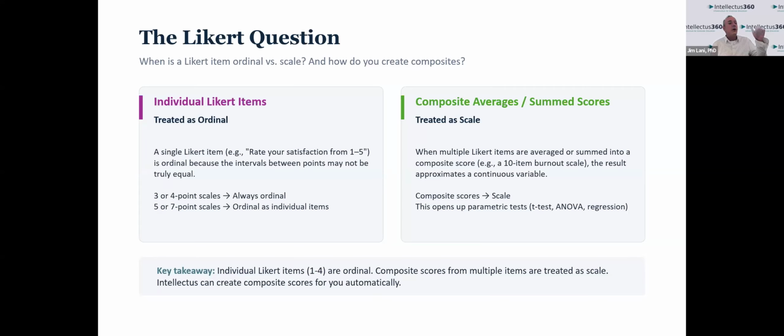But once I start adding those 10 items, I am now in scale world, okay? All right. And this is mostly the case over here, by the way. So whether your instrument is any kind of ordinal level Likert scale, you're going to be averaging them or summing them, and then you're in scale world.